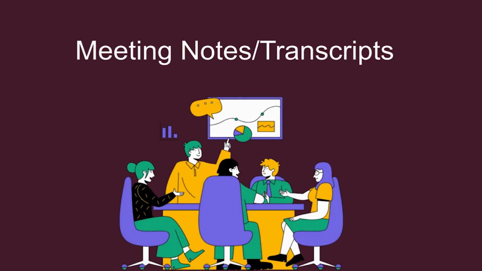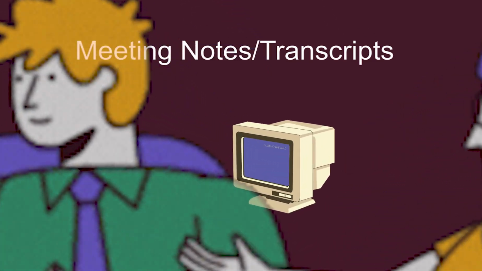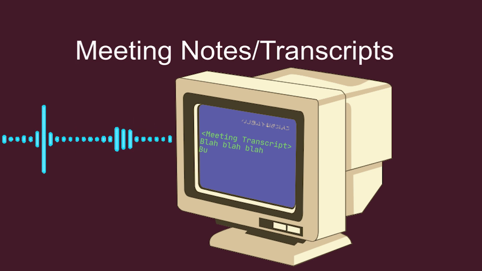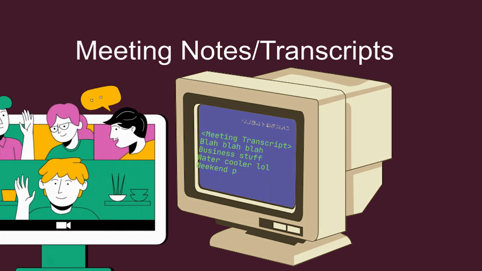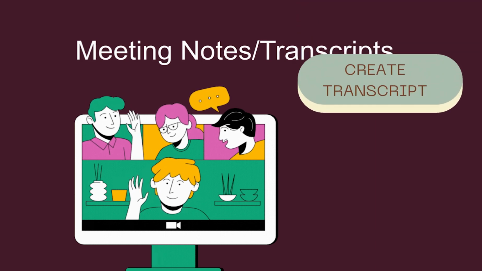Taking meeting notes or creating a transcript. Again, many of our virtual meetings now have this built in. As you are talking during a meeting, that voice is being transcribed or turned into text so that you have a transcript of a meeting. Again, a lot of platforms such as Zoom are automatically doing this now or allow you to click a button to make a transcript.